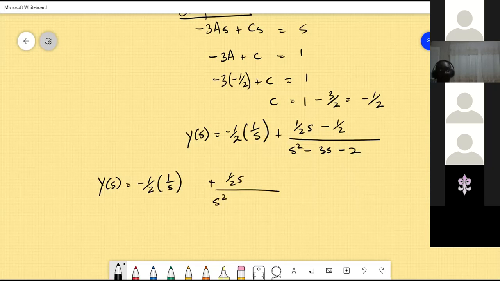All right, I'm completing the square. Half of the 3s, however you complete the square: s minus 3 over 2 squared, minus 2 plus minus 3 over 2 squared. That's s minus 3 over 2 squared.